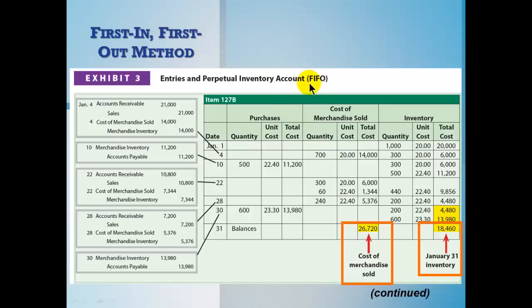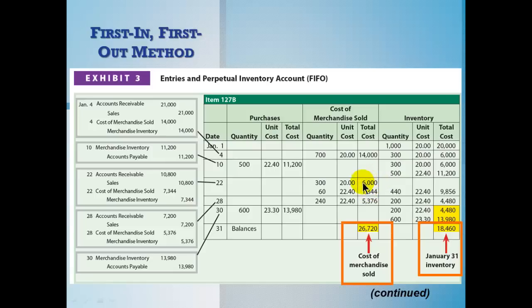Under a FIFO, the first that came in, these oldest units, how much do I have at that old price? I have 300. So I'll take all 300 that I had at 20, and I sold 360, so the next 60 units are coming out of this 500 layer at $22.40. So I'll assign $22.40 to those 60.